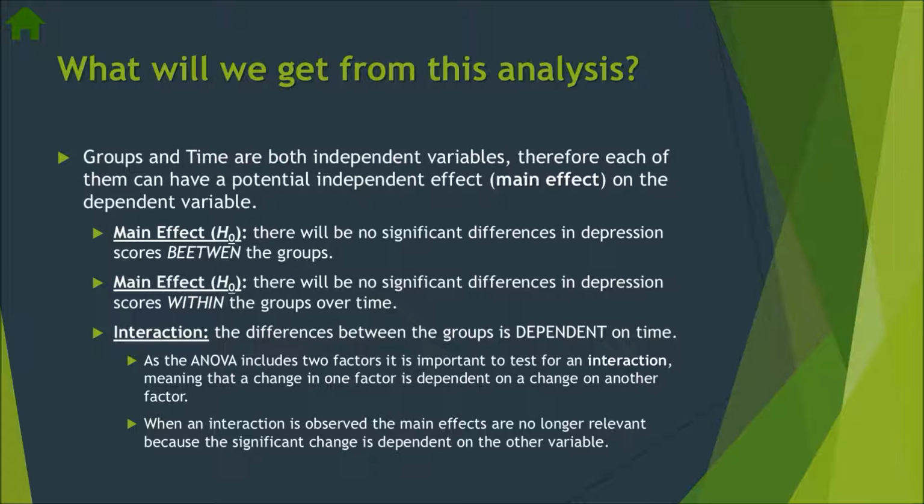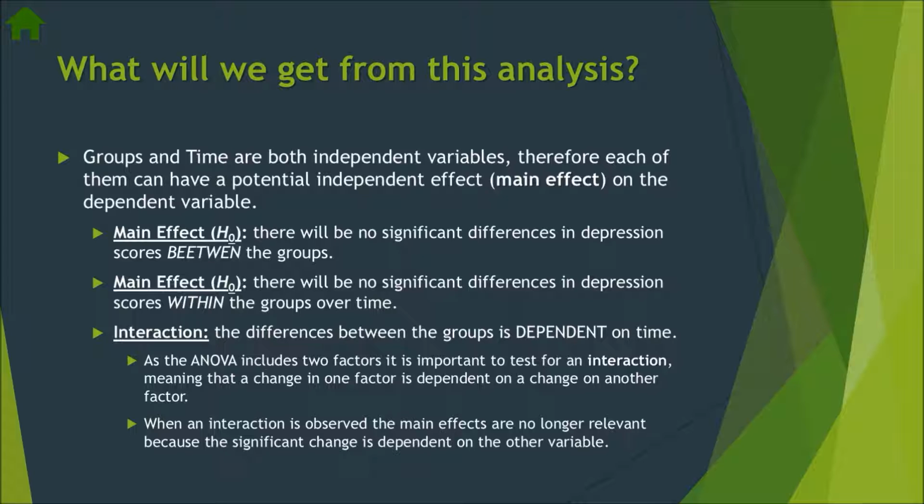So we'll be testing for three null hypotheses. The first null hypothesis, with regards to grouping or treatment, is that there will be no significant differences in depression scores between the groups. The main effect for time is that there are no significant differences in depression scores within the groups over time.